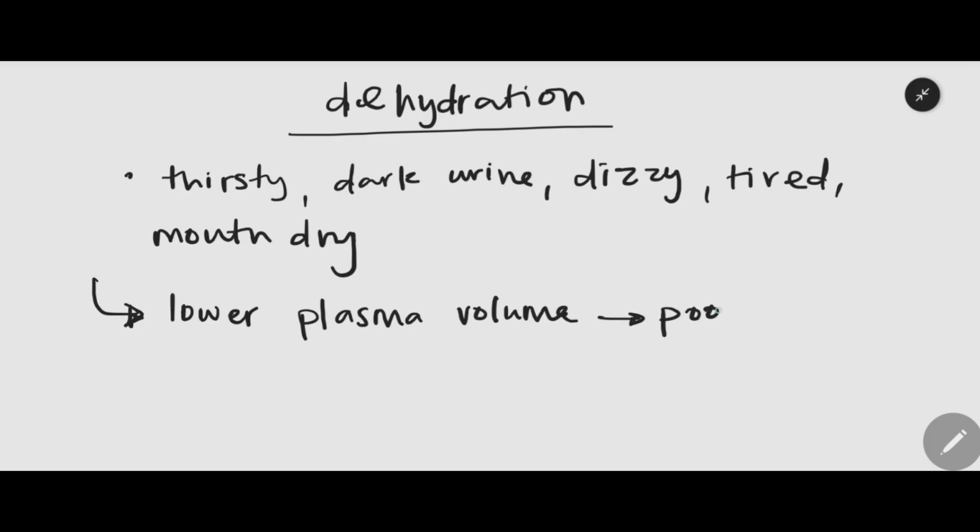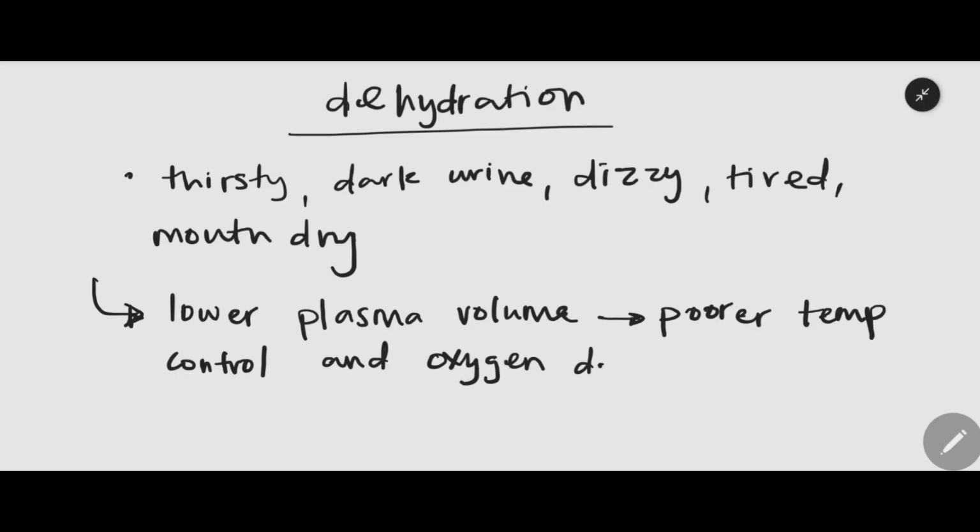So this can lead to poorer temperature control and also poor oxygen delivery. And if you have poor oxygen delivery, you're not providing enough oxygen to the muscles to be able to release energy. And so, ultimately, this can lead to earlier fatigue.